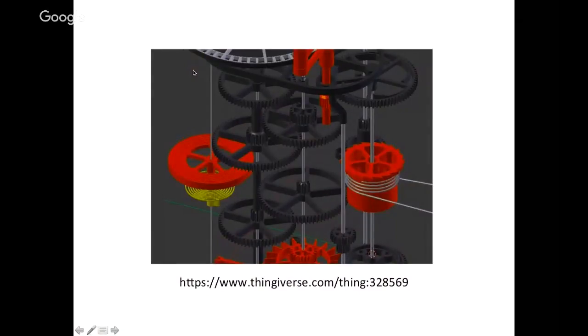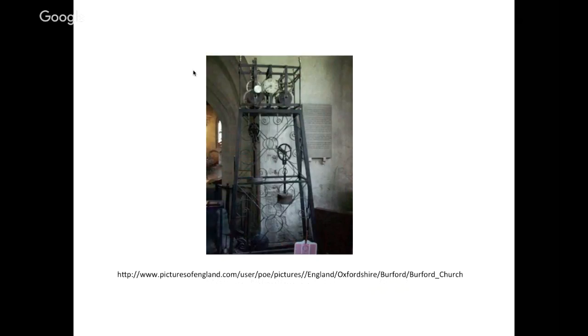But we saw this purely, really, or I did anyway, as learning about the printer and learning about 3D printing. But the interesting thing was that we soon learned that we were actually learning something about the history of clockwork. And I thought back to about 10 years ago, when I visited a fantastic church in rural Oxfordshire in the town of Burford. It's reputedly one of the best churches in the country, St. John the Baptist.